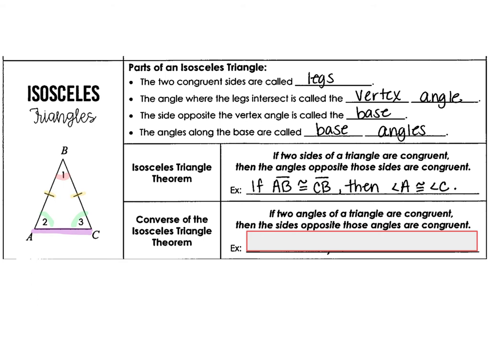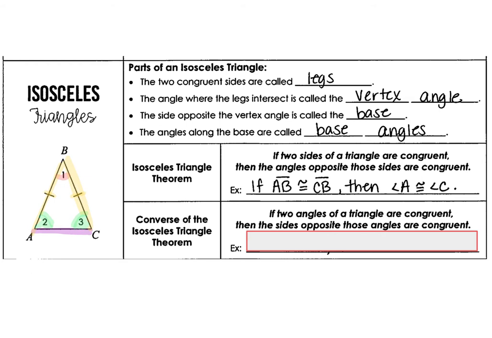Well, what they're saying here is that if AB is congruent to BC, which we see that it is based on the notation, then angle A is congruent to angle C. So this is basically telling that your base angles of an isosceles triangle are congruent.